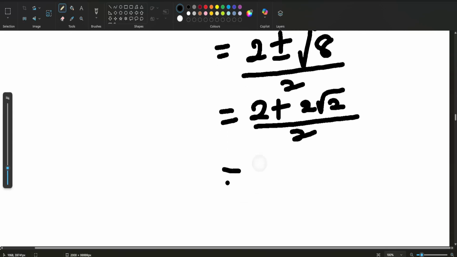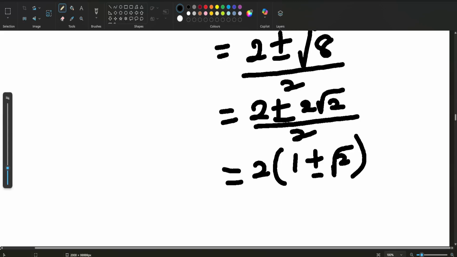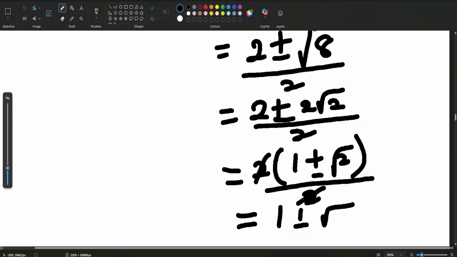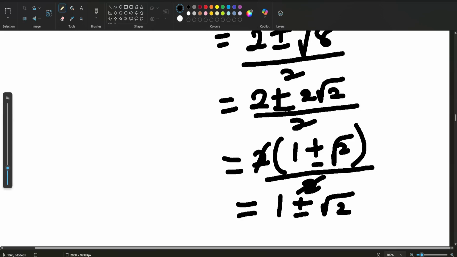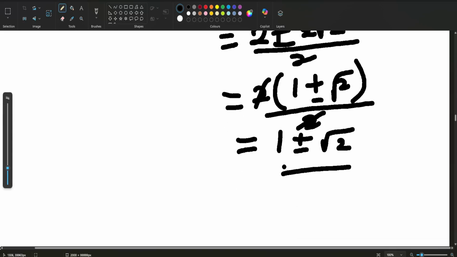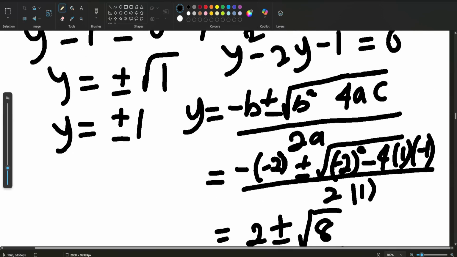And 2 is common, bring it out. We have 1 plus or minus root 2 all over 2 here, and this 2 will cancel this 2. We are now left with 1 plus or minus square root of 2. So these are the two answers for the second one.